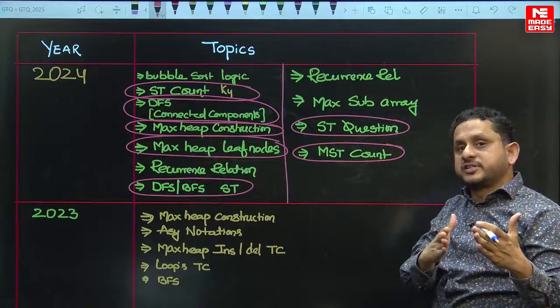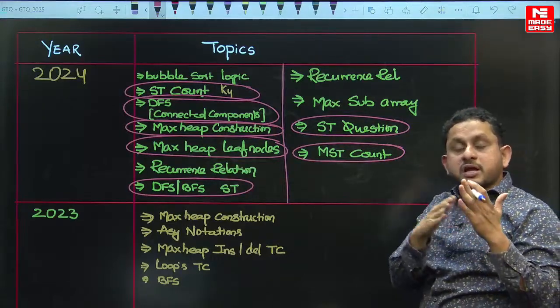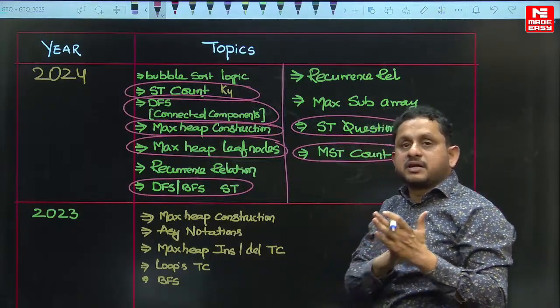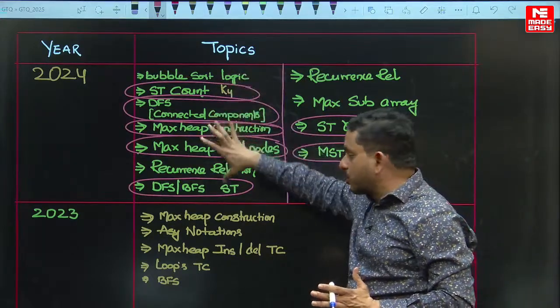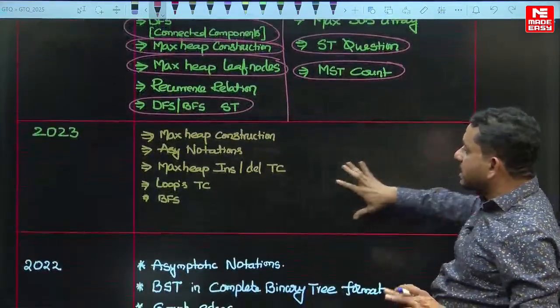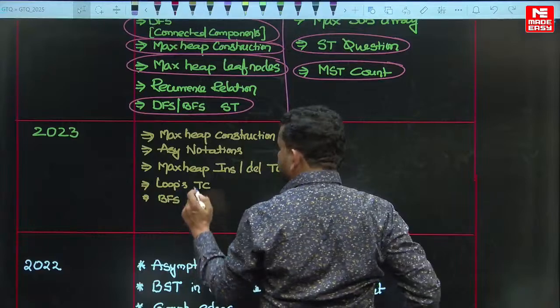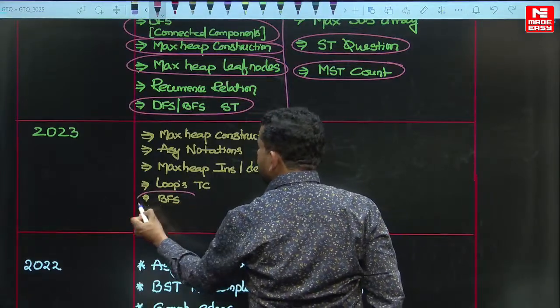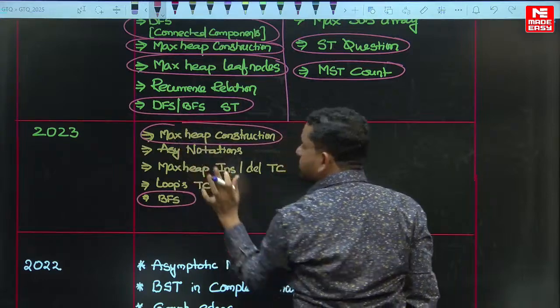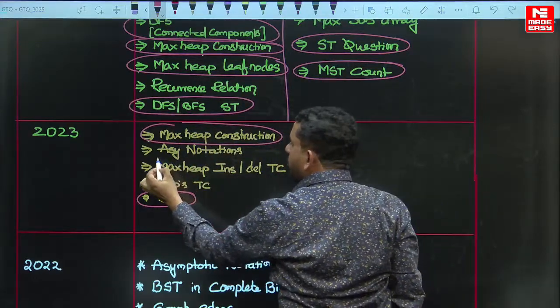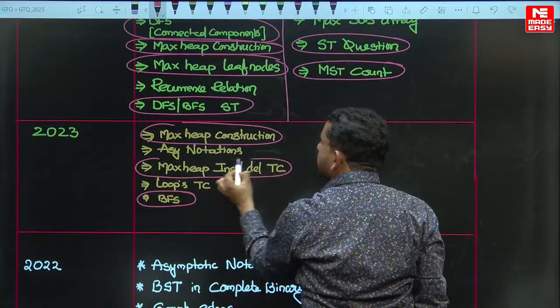Binary heaps onwards. Complete binary tree concept, tree representation, graph representation, and those things are more important. Even in 2023, if you observe: one BFS question, one max heap question, one asymptotic notation question, and again one more max heap insert and delete question.